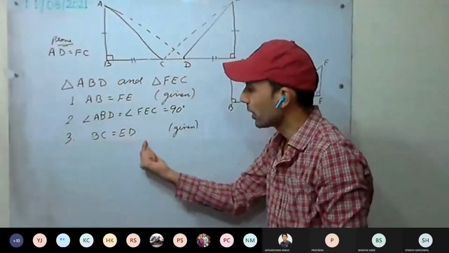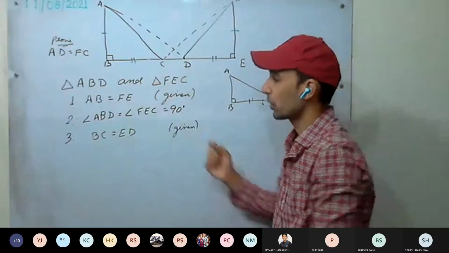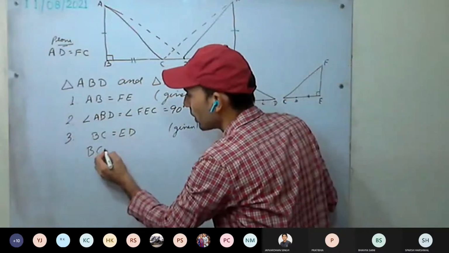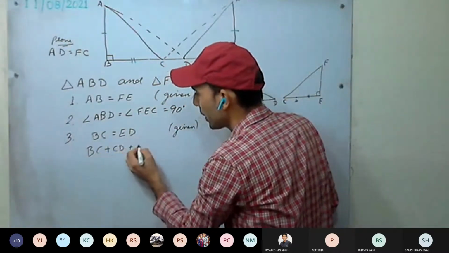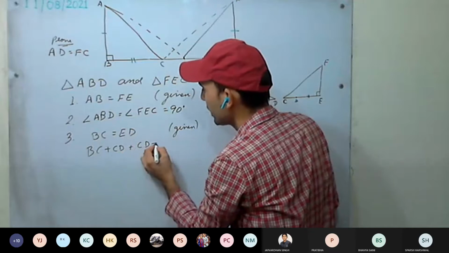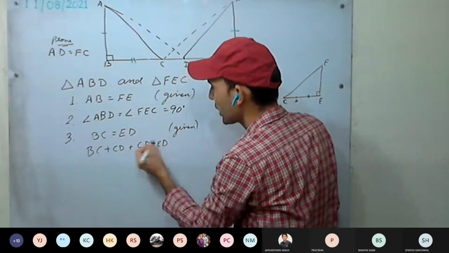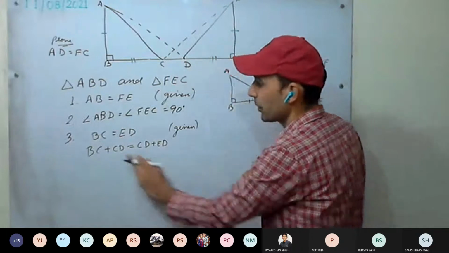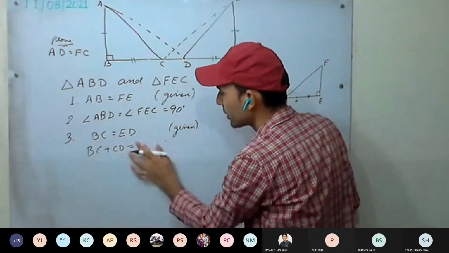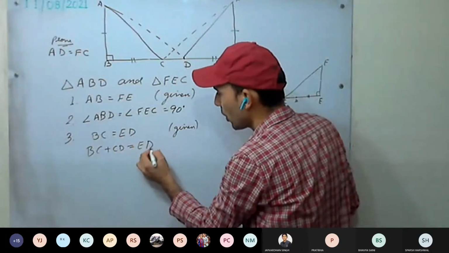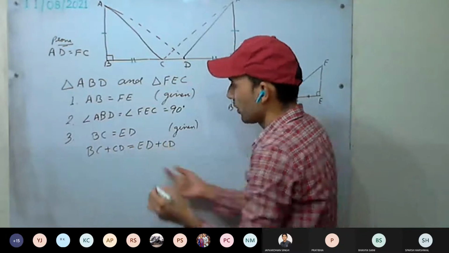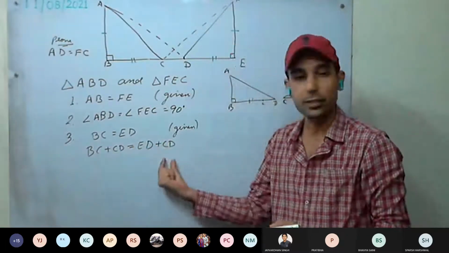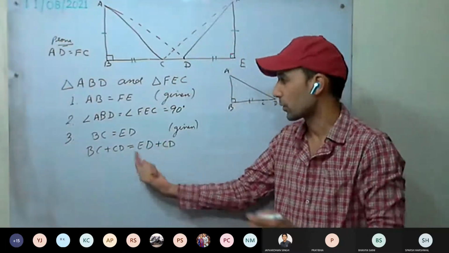So BC plus CD equals ED plus CD, or DC. Same quantity added, so equality holds true.